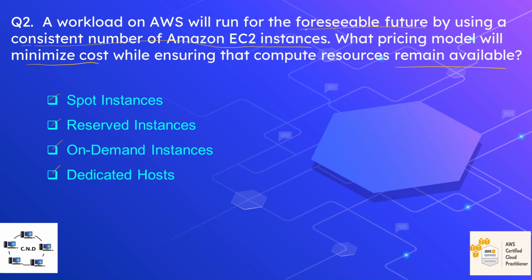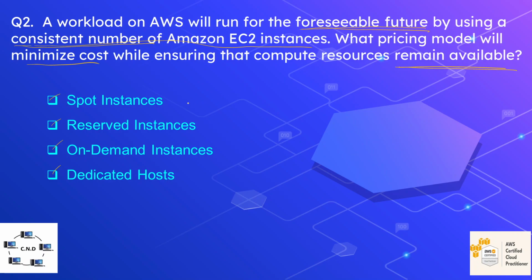So here the key takeaways from this question are that we will use the workload for the foreseeable future. We know the duration for which it will be used, and the number of EC2 instances required is consistent. They will not decrease or increase, and they will remain available for the whole duration.